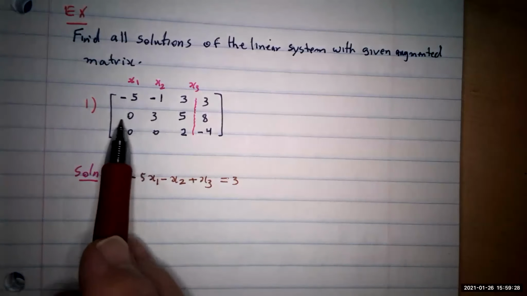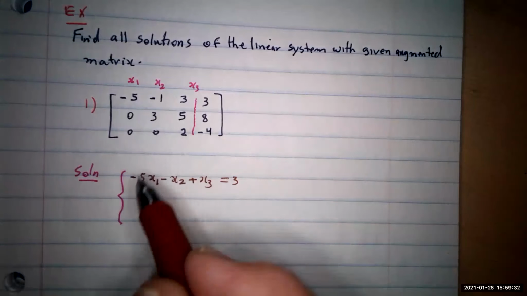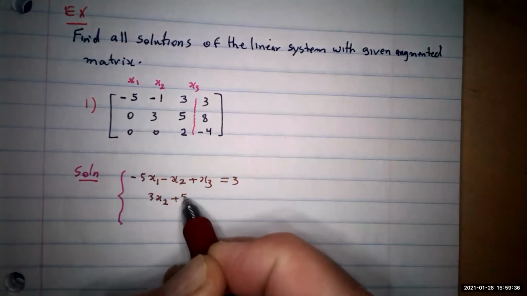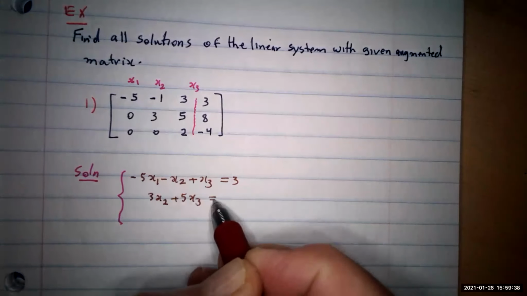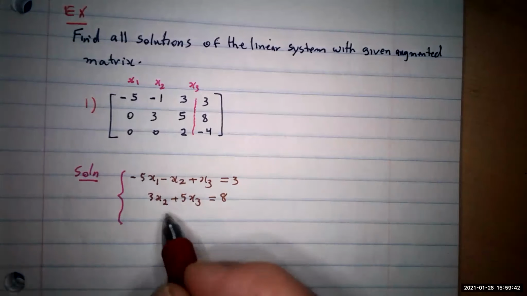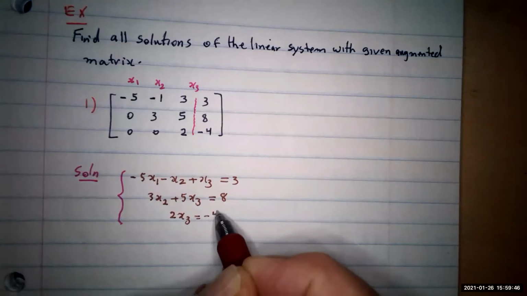In the second one, 0 times x1 disappears, so that gives you just 3x2 plus 5x3, which is equal to 8. And in the last one, there is no x1 and no x2, so quickly that gives you 2x3 equal to -4.